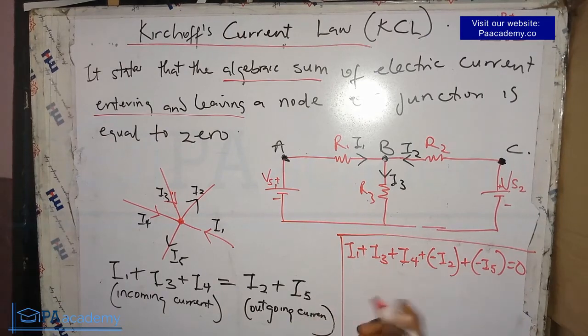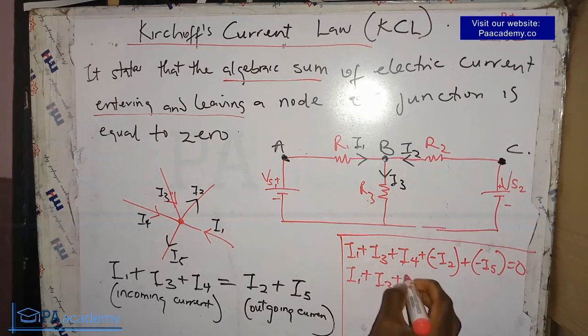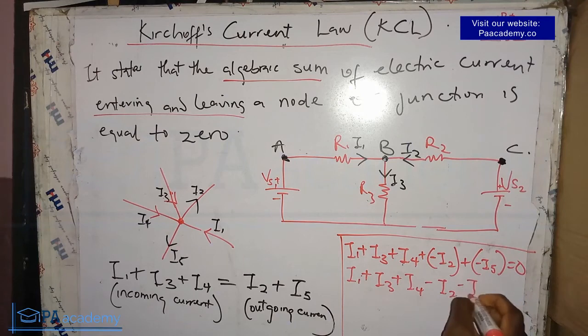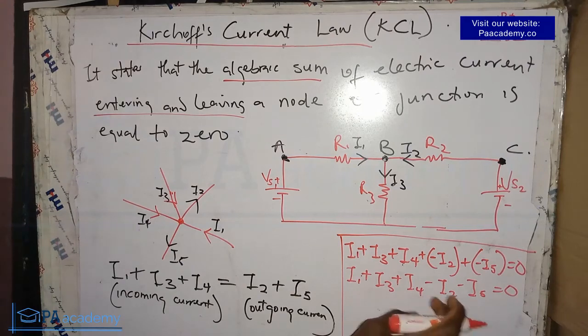If I simplify this, I'm going to have I1 plus I3 plus I4 minus I2 minus I5 equals 0.